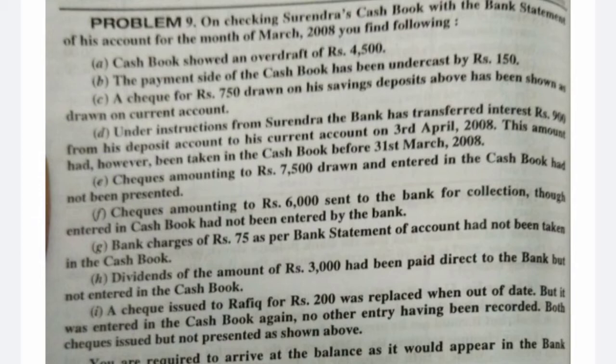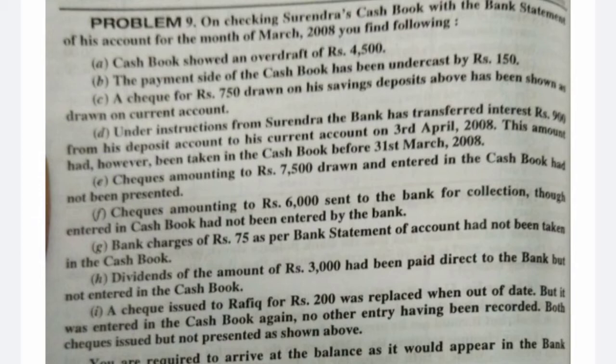Okay, the payment side of the cash book has been undercast by rupees 150. This means the expense is undercasted by rupees 150: 150 is not recorded as an expense, and it is not credited in the cash book on the payment side.